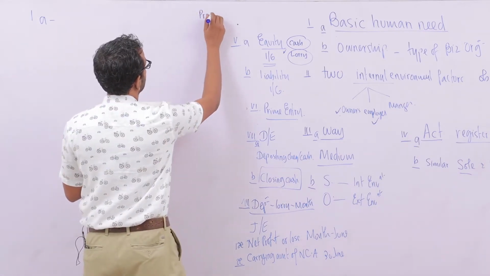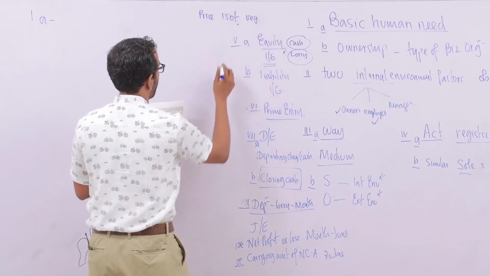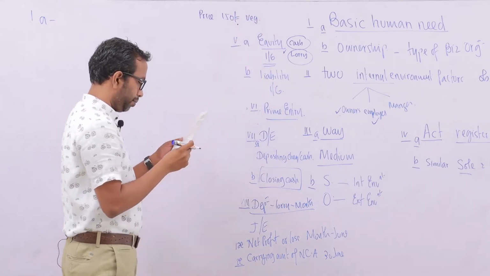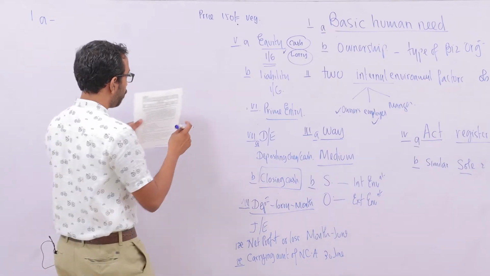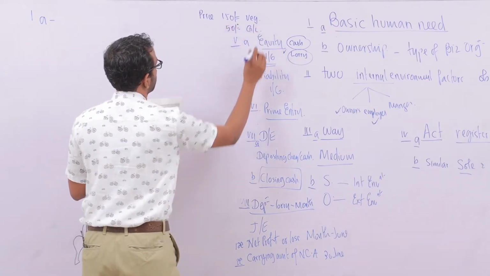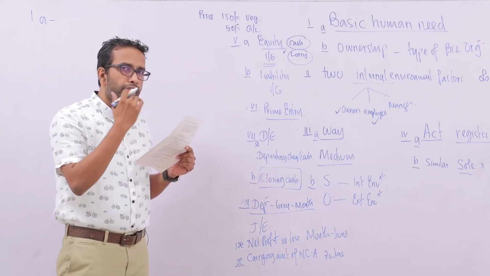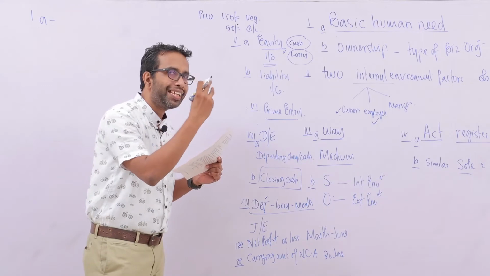Price 150 for vegetables and 50 for green leaves. So, what is he trying to give? He is trying to give the price of each component.